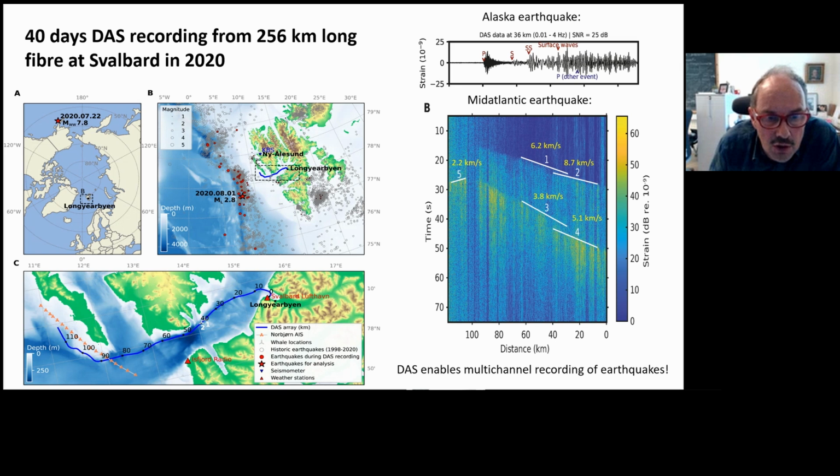To the right here, you see a mid-Atlantic earthquake, and you see how the data quality degrades with the distance. This is distance from 0 to 120 kilometers. And this is the P wave arriving at the sea bottom cable, and this is the S wave coming later on.